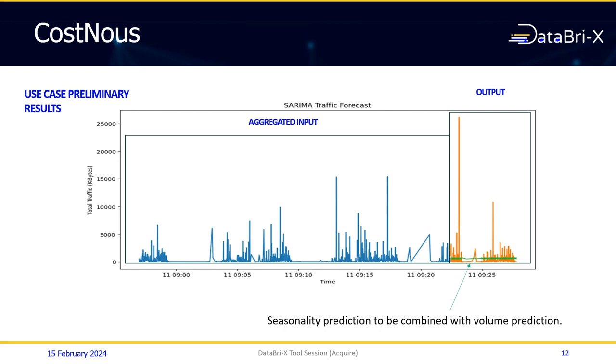So with this flow, we were able to estimate some traffic prediction for a specific time of the day, as you can see in the total orange curve that is predicting the next traffic from the blue curve.